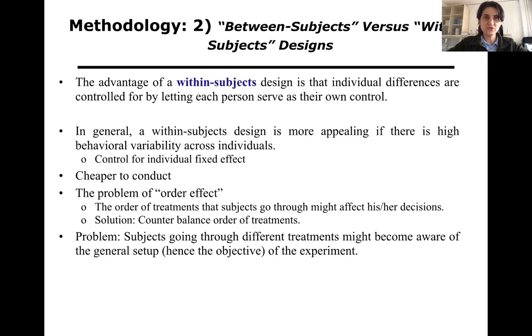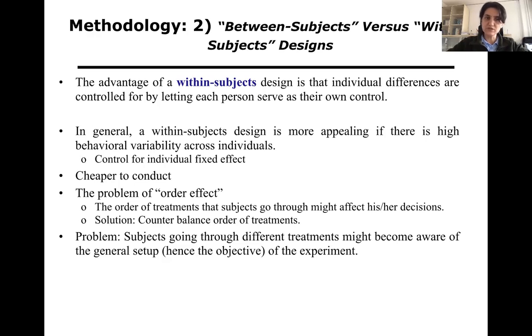The advantage of within subject design is that individual differences are controlled for by letting each person serve as their own control, person-specific fixed effects. In general, a within subject design is more appealing if there is high behavioral variability across individuals. It's cheaper to conduct, but there's a problem of order effect.